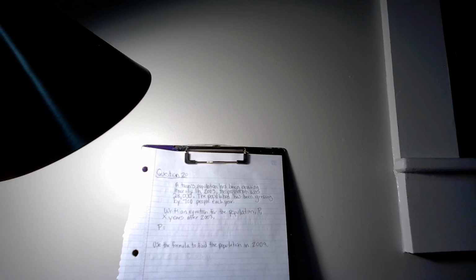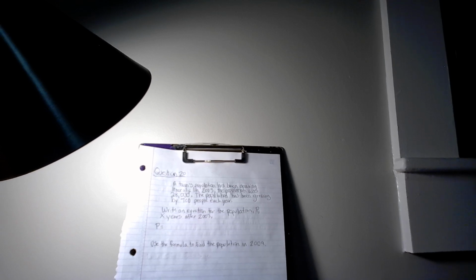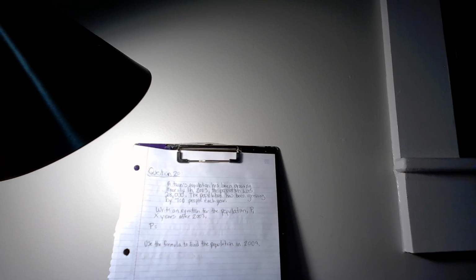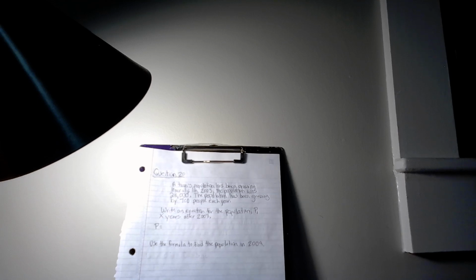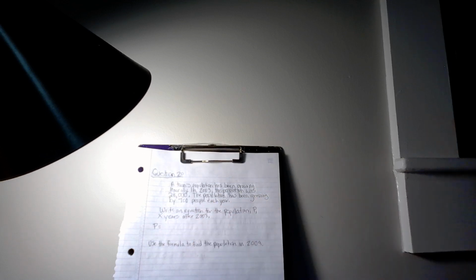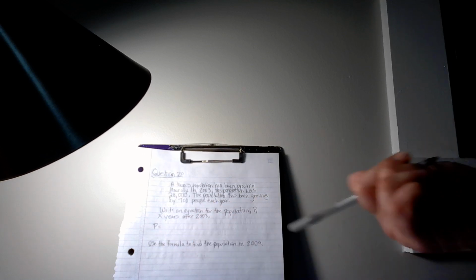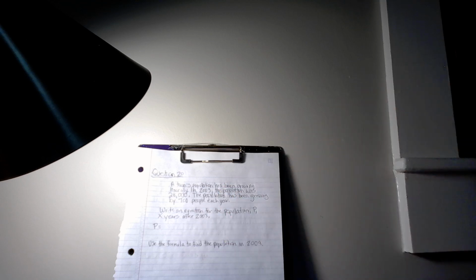So basically, your initial value would be, from 2003, the population was 28,000 people. The rate of change would be how the population grows by 700 people each year. So x would equal the number of years after 2003. P would equal the population. And then they want you to write a linear equation.